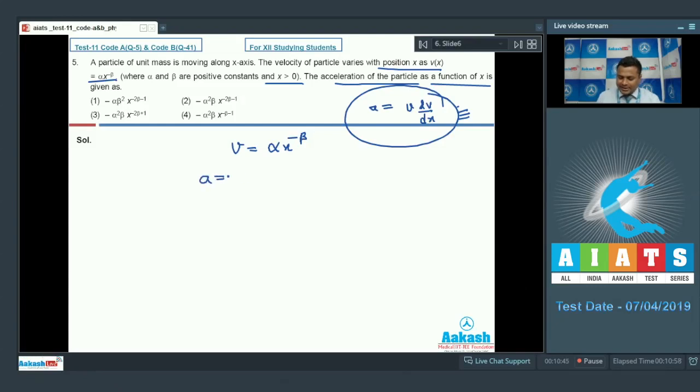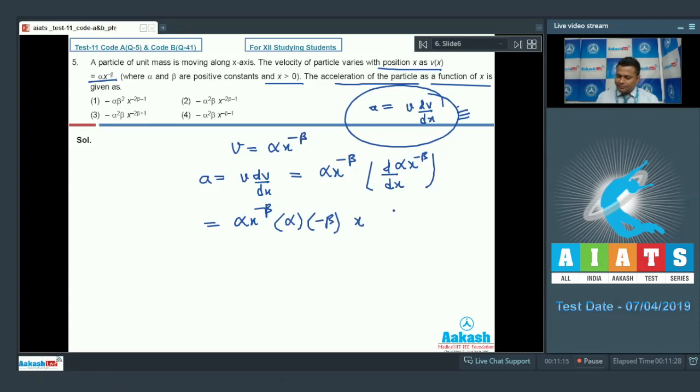Now A, that is v dv by dx, further can be written v alpha x to the power minus beta. Now we have to differentiate this v, that is alpha x to the power minus beta, with respect to x. Let's do it. Alpha x minus beta, alpha comes out of the differential operator, minus beta x to the power minus beta minus 1.